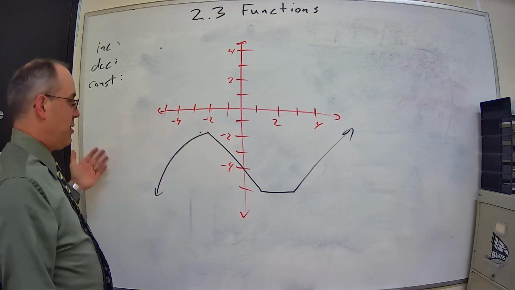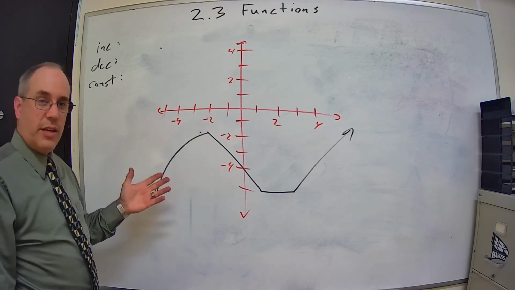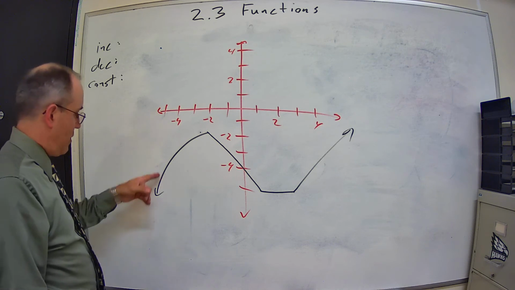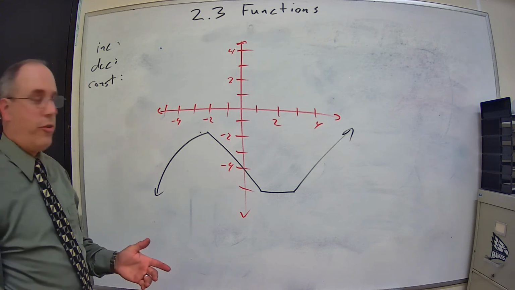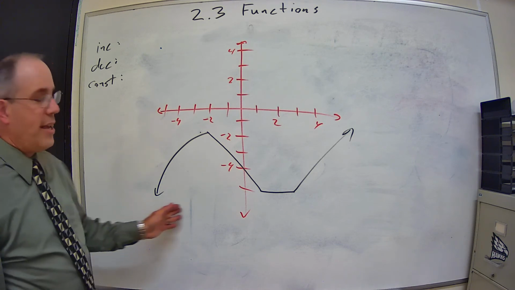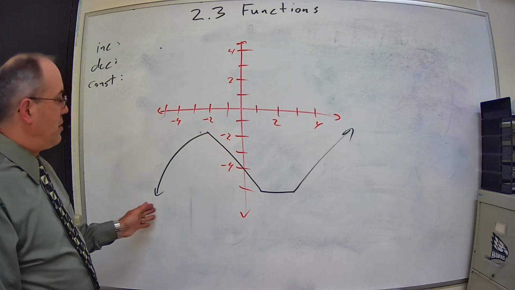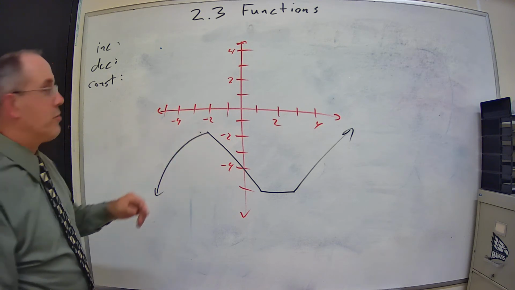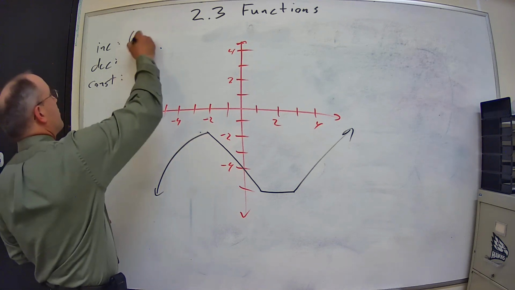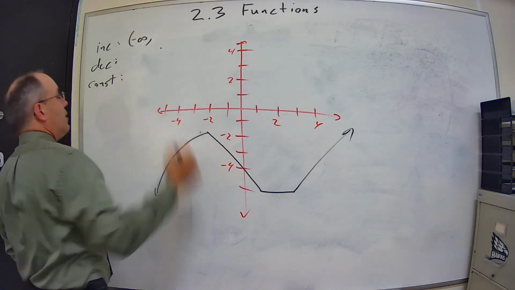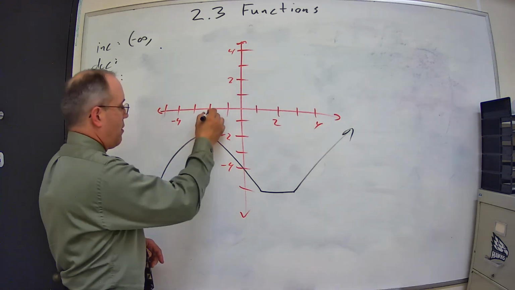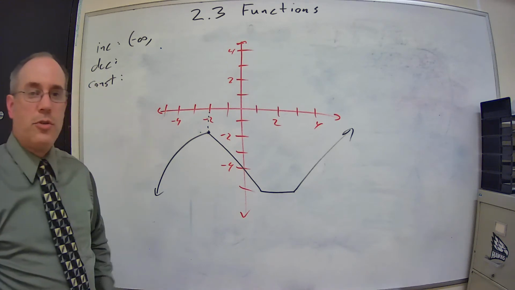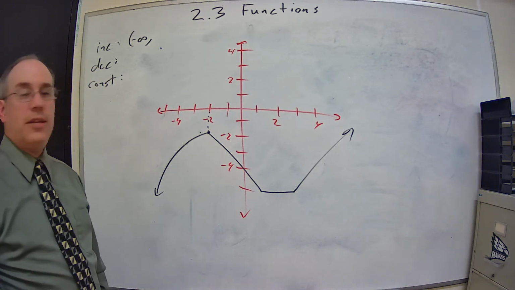So we are basically starting at negative infinity for x. And this is going down, so we're actually starting at negative infinity for y also. And as we go to the right, as x values increase, so do our y values. So we're increasing from negative infinity to here, which happens to be at x equal to negative 2.